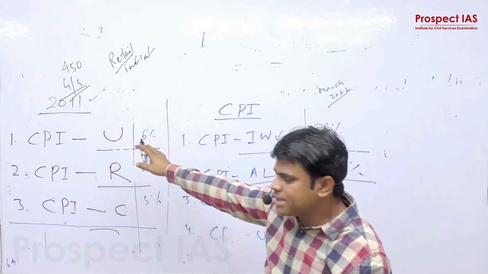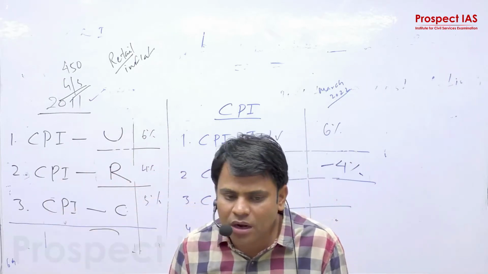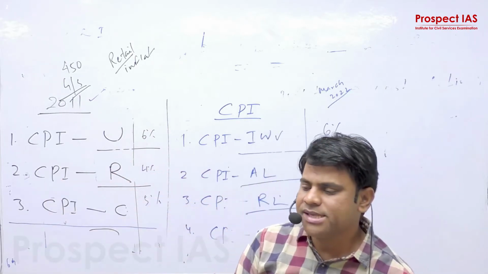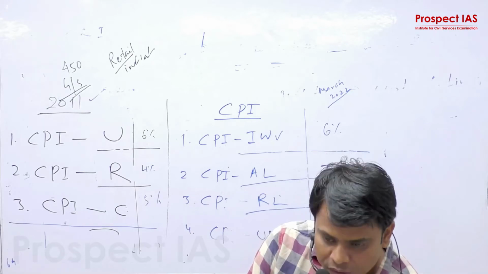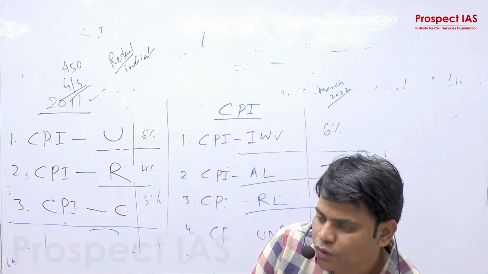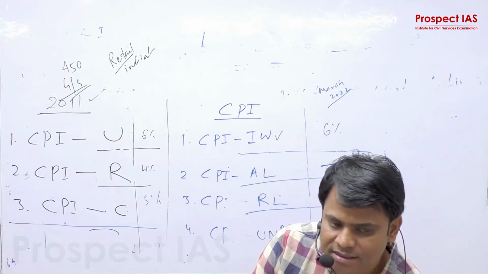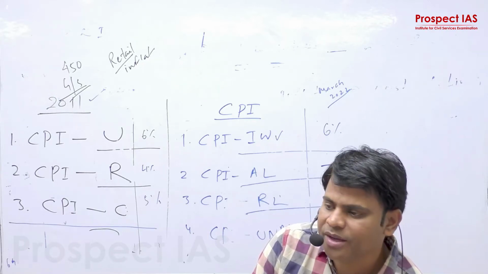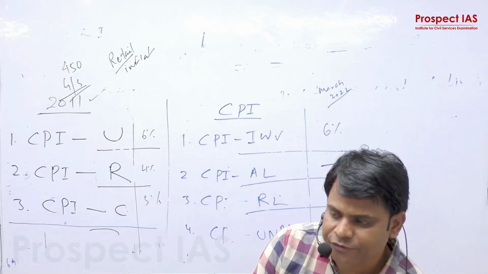So inflation in the retail market is all about increase in average price of these 450 goods and services, है ना. When the price of these 450 goods and services increases on an average, this is what we mean by CPI based inflation.